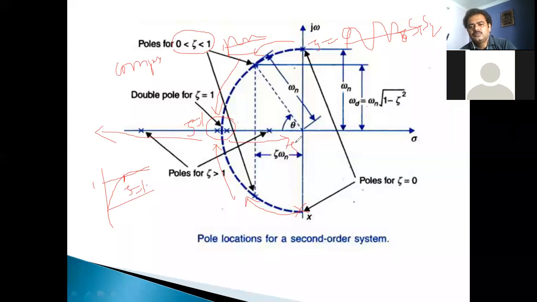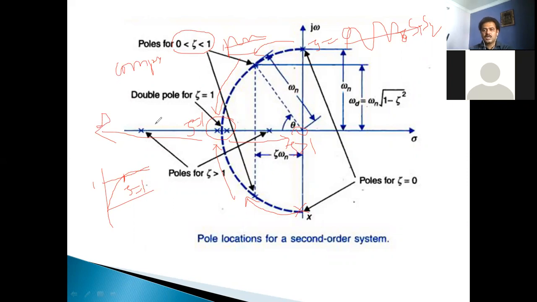Here the roots are again purely real but unequal.